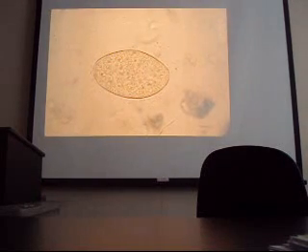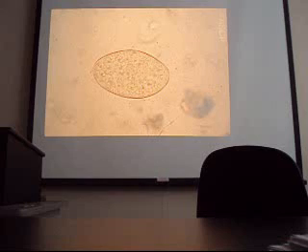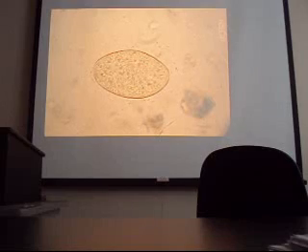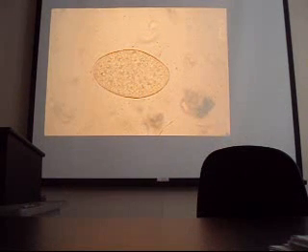Diphyllobothrium latum is very much smaller than this. And Diphyllobothrium latum has a small knob on the abopercular side. There you go. Good question. The other thing is the Fasciolopsis and Fasciola eggs tend to be brown, where Diphyllobothrium does not. It's more of a clear color.